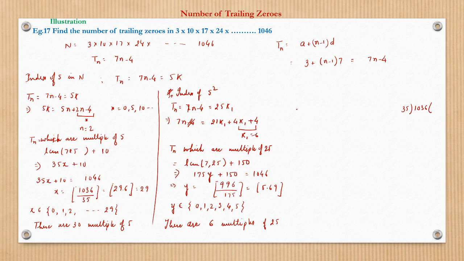Now we'll check for multiples of 125 also, I mean 5 raised to the power 3. So the index of 5 cube we will check. So Tn is equal to nothing but 7n minus 4 is equal to 125k3, right? So this we can say that 7n is equal to 119k3 plus 6k3 plus 4.